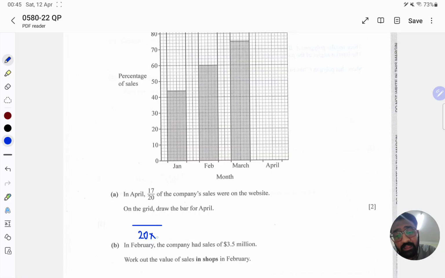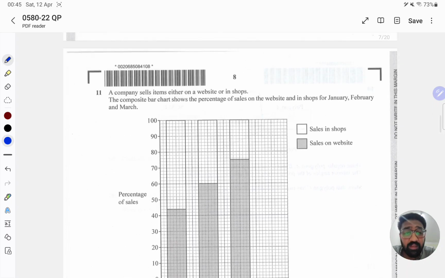We'll multiply this with 5, and so we multiply 17 with 5. So 17 times 5 is going to give us 85. So 85 out of 100, which is the total, is being sold on the website.